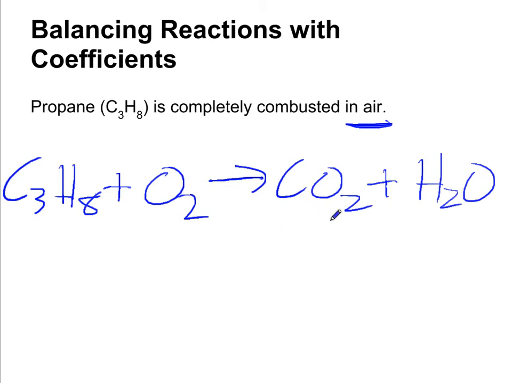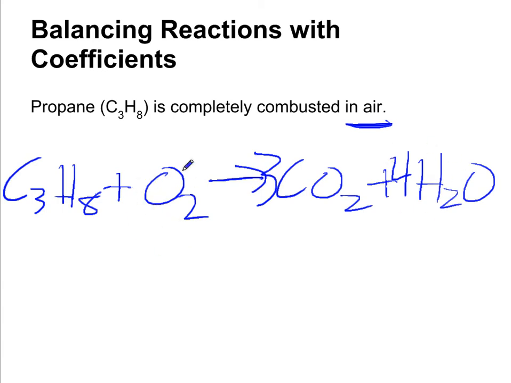When you're balancing a combustion reaction, save oxygen for the very end. Do carbon, then hydrogen, then oxygen. We got 3 carbons with propane, but only 1 over here with CO2. So put a 3 right there. 8 hydrogens on the reactant side, only 2 on the product side. We'll put a 4 here, so we get 4 times 2 equals 8 hydrogens from the water.